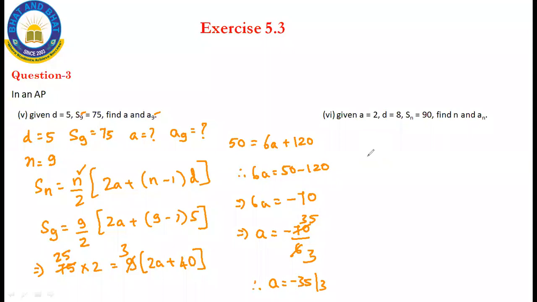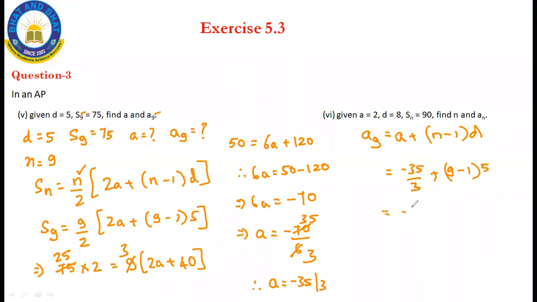Once you have got your A, it is very simple to find out what is A9. A9 is equal to A plus n minus 1 into D. That means A, we have got it as minus 35 by 3. Since n is 9, I'll get 9 minus 1. D has been given to us as 5.